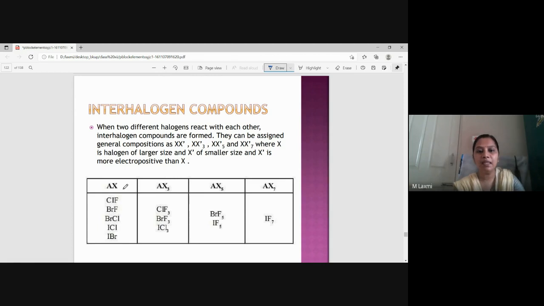So they will take this order, for example, chlorine fluoride, bromine fluoride, bromine chloride, iodine bromide. The first part refers to the more electronegative element, and the second one to the bigger size, and the smaller size. This is the X3 form, this is the X5 form, and this is the X7 form.